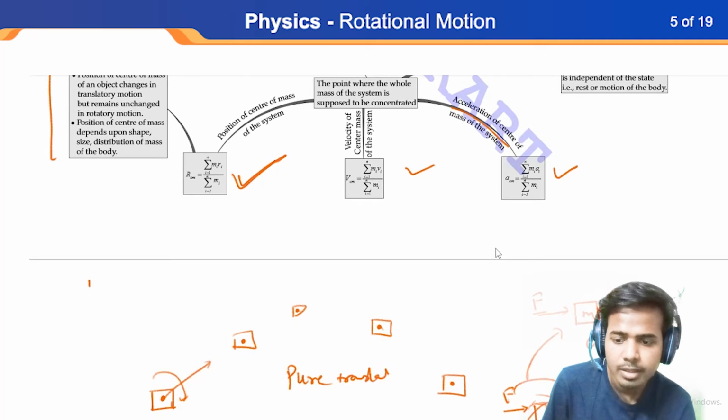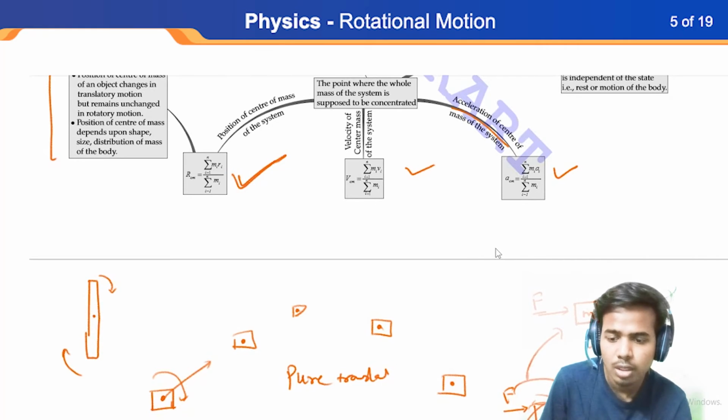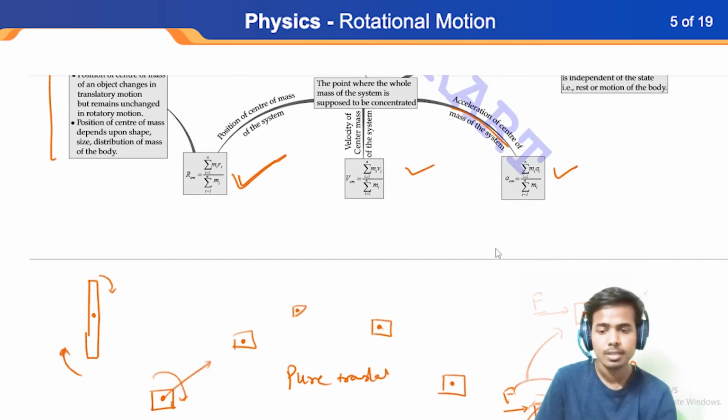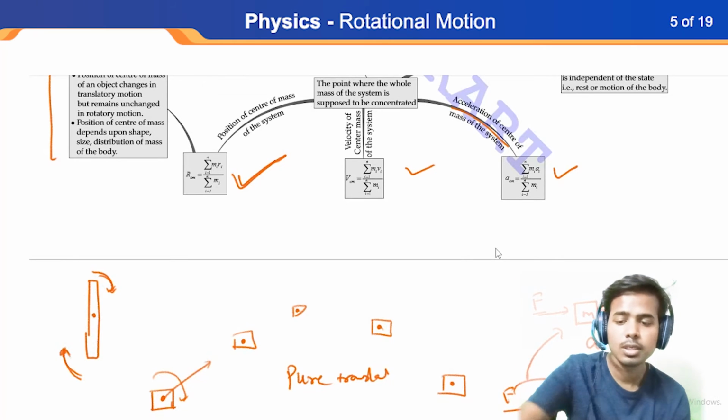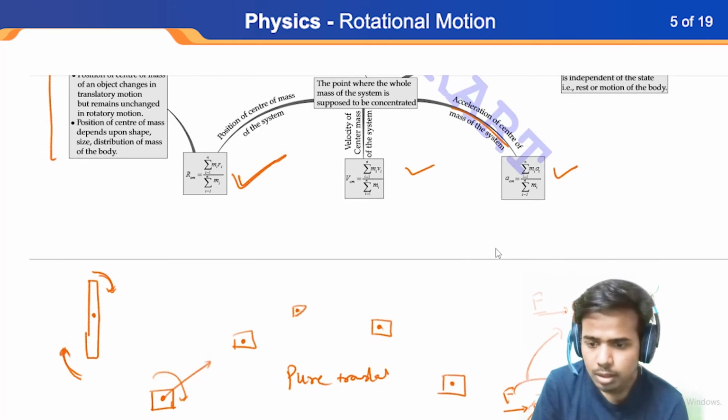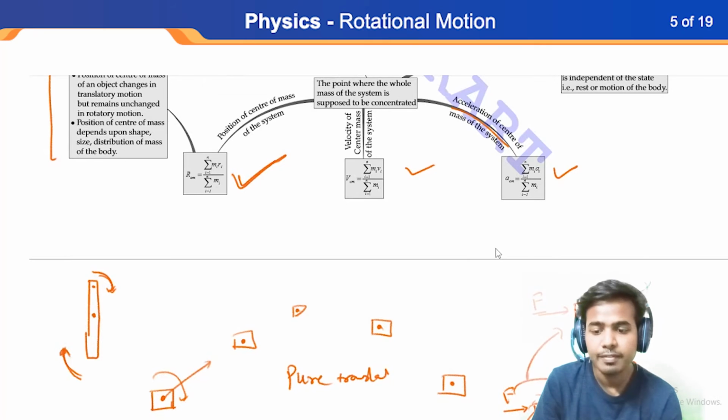And there could be another type of motion in which it is just rotating. It is not translating. The center of mass remains static, and the whole body rotates around the center of mass. Of course, all the particles will have individual velocities.